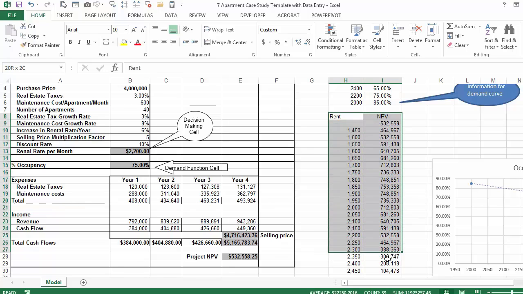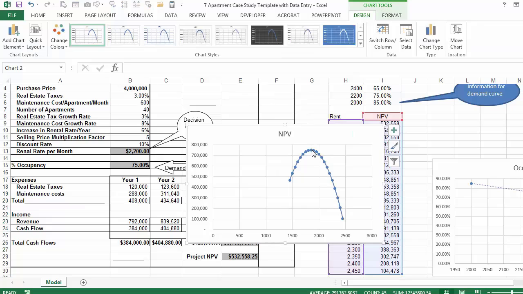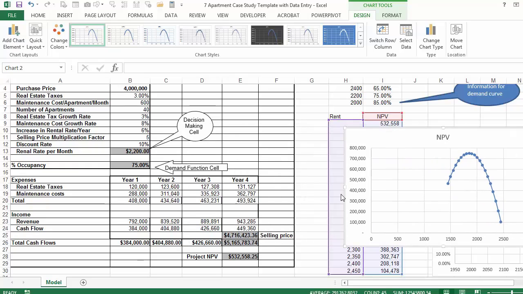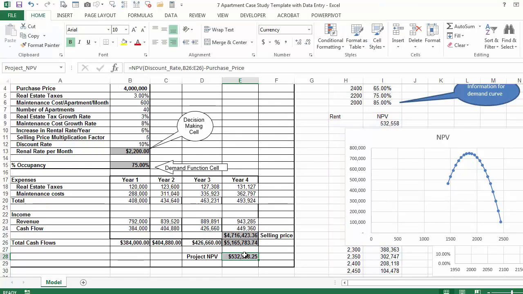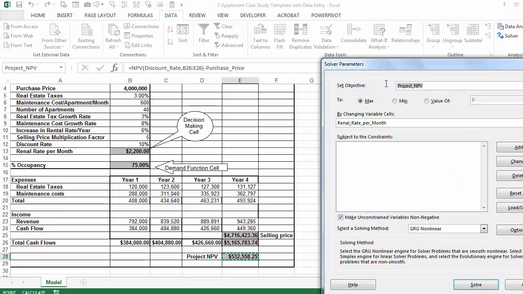Let's try and chart it again. Insert this chart, and you see that for $1,850, our NPV is going to be $38,851. A different way of finding the optimal solution is to go to Data, Solver. We are trying to maximize our NPV.